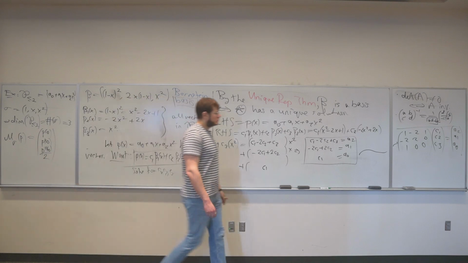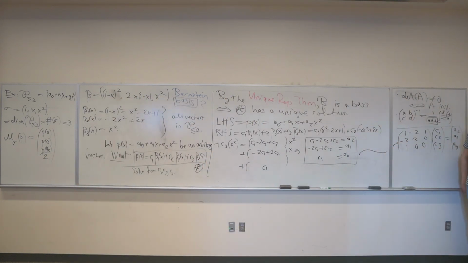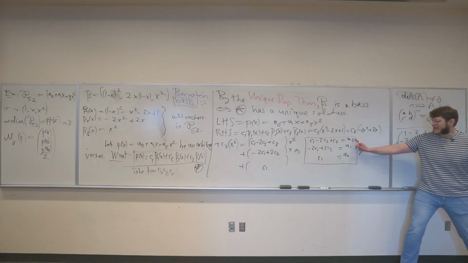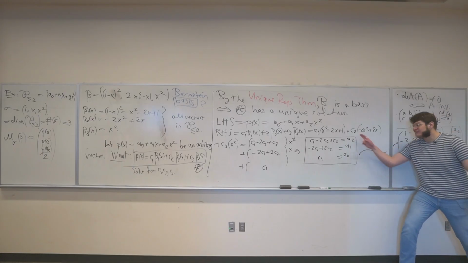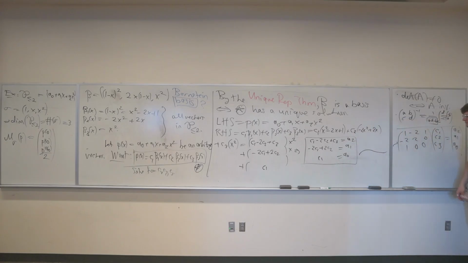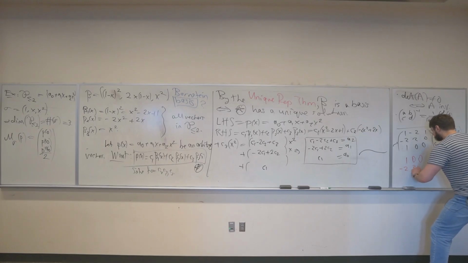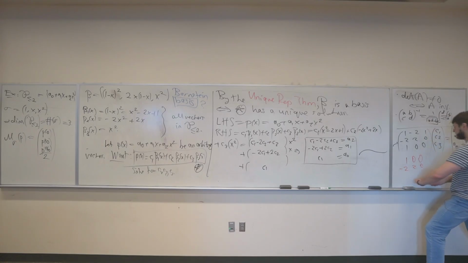What you can do, though, is interchange the first and third rows. In other words, instead of writing a2, a1, a0, you could have written a0, a1, a2. Right? Reorder, in which case this would turn into this, and then minus 2, 2, 0, and then 1, minus 2, 1.